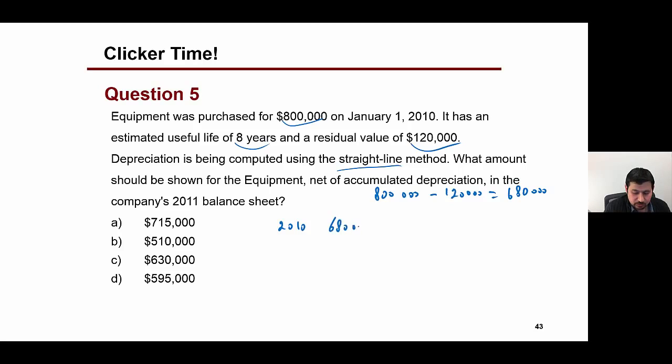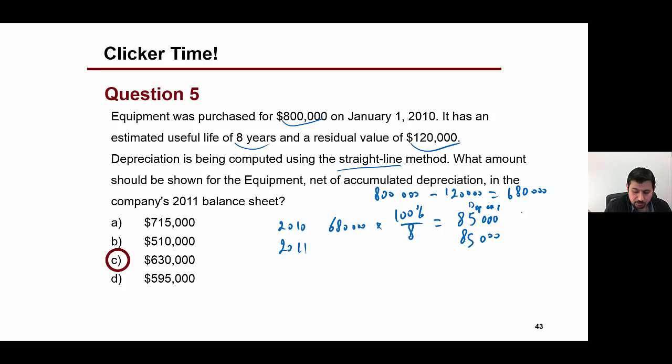So it is 680,000 multiplied by 100% over 8 years, and that would be equal to 85,000. This is the depreciation expense, and the book value will be 680,000 minus 85,000. At the end of 2011, the company will also have the same amount as depreciation expense, which is 85,000.